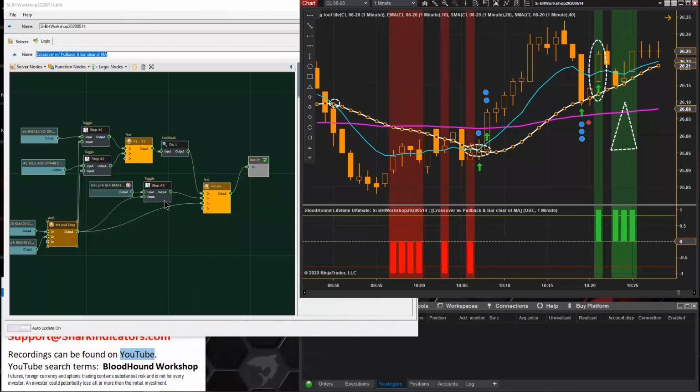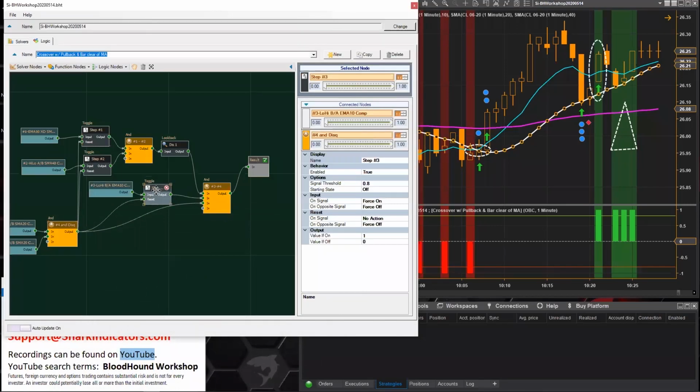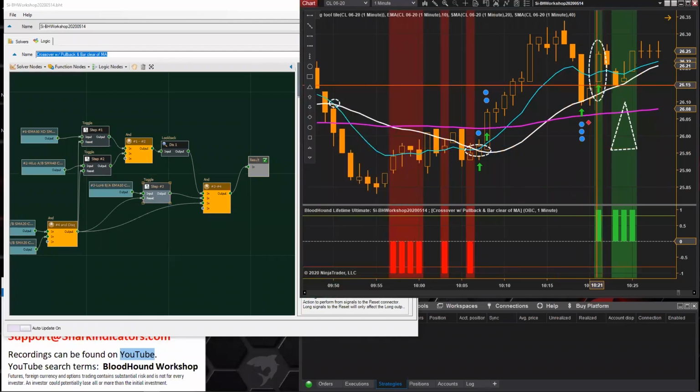Right, so let's take a look at this toggle node right here. We're using an opposite signal to turn the toggle node off, but we could also use the bar number 4 signal. So I probably need a bunch of dots here to remind us this is the step 4 number bar.